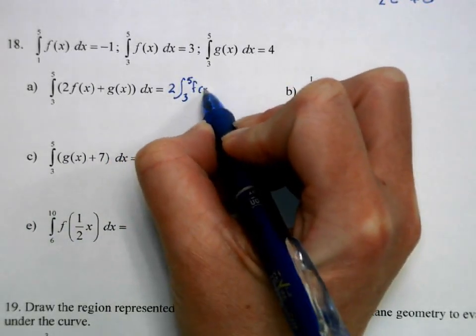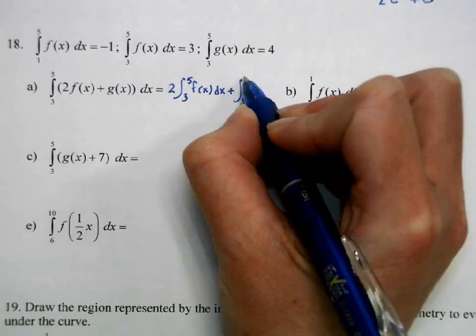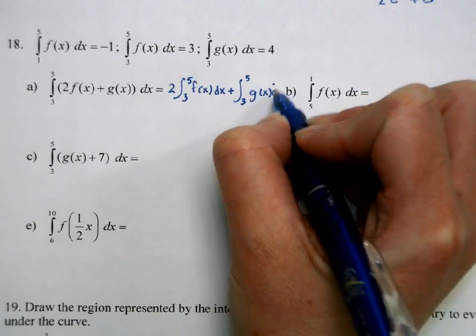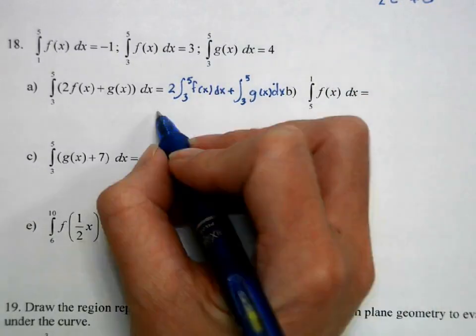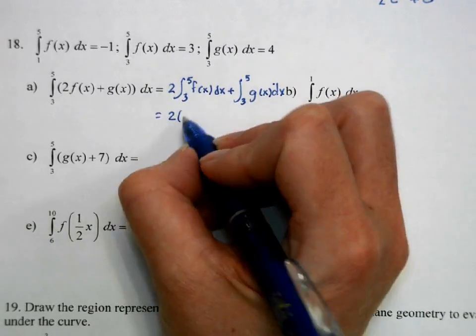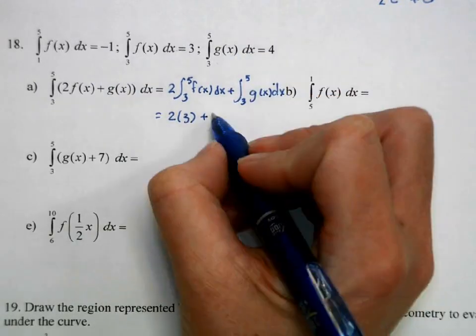And I'm just going to split it up into two different integrals just to really illustrate what it is we're doing. Okay, so I'm going to have 2 times the integral from 3 to 5 of f, which is 3. And then the integral from 3 to 5 of g is 4. So we get 6 plus 4, which is 10.